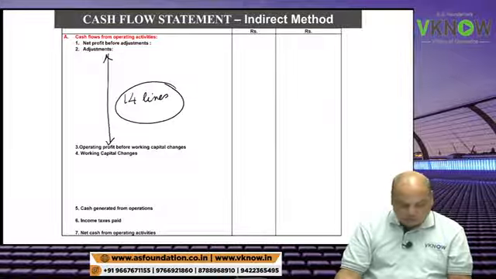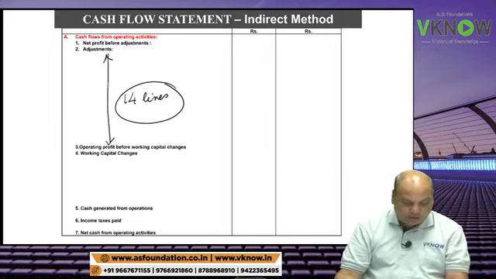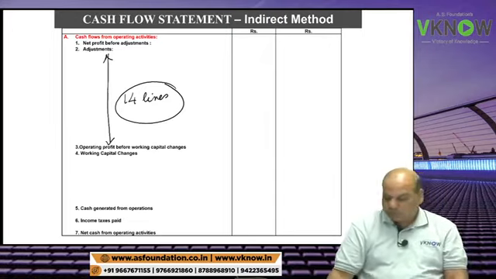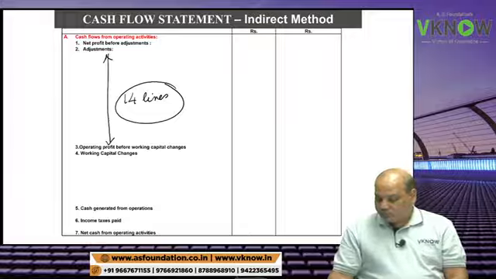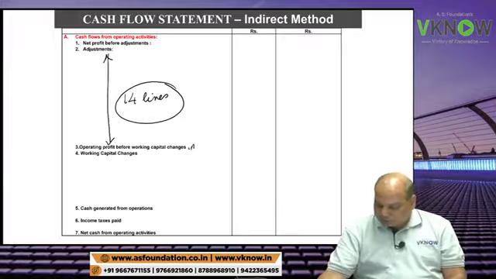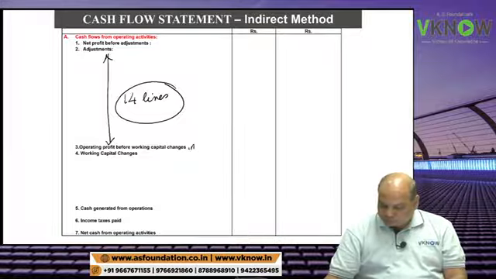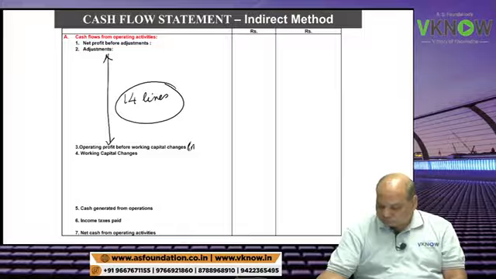Point number 3 is operating profit before working capital changes. This will be 1 plus 2, point 1 and point 2.